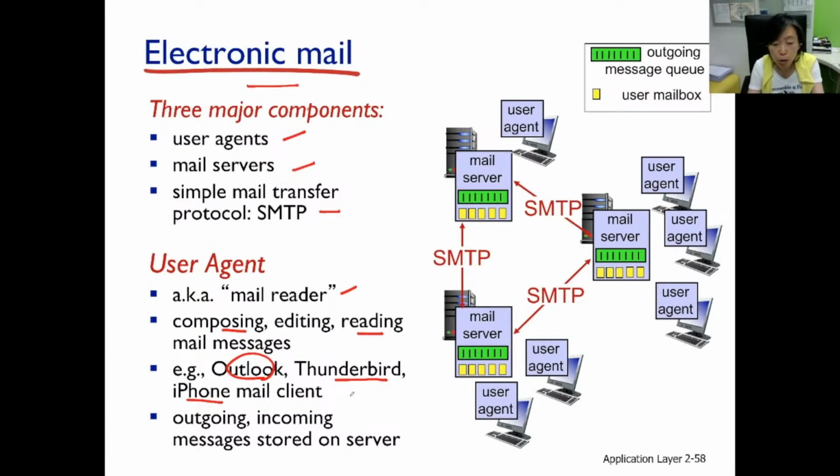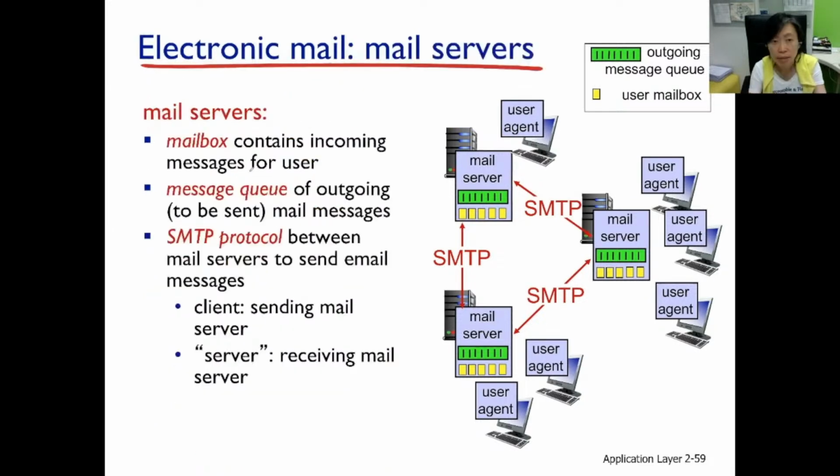Google is also trying to push for a Gmail mail reader. So there are so many of these email readers these days. Now, keep in mind though, the actual emails are all stored on the servers, not on the user agent these days, all right?